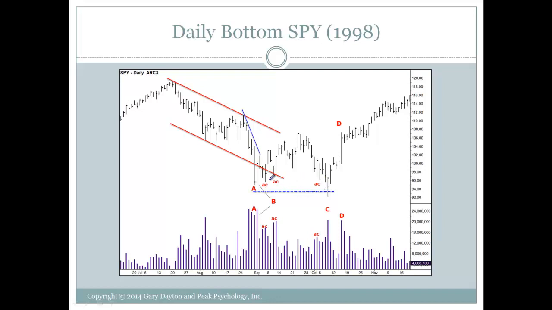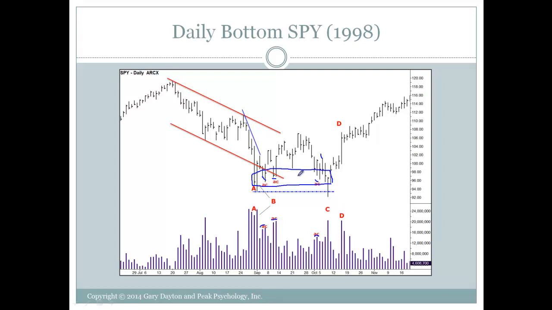Okay, we dip down, volume picks up a little bit, it pushes the market up, we come back down, volume picks up, pushes the market up, we come back down, volume picks up a little bit, not as much as before, we don't really push up, instead we're coming down. But this whole area in here is accumulation.